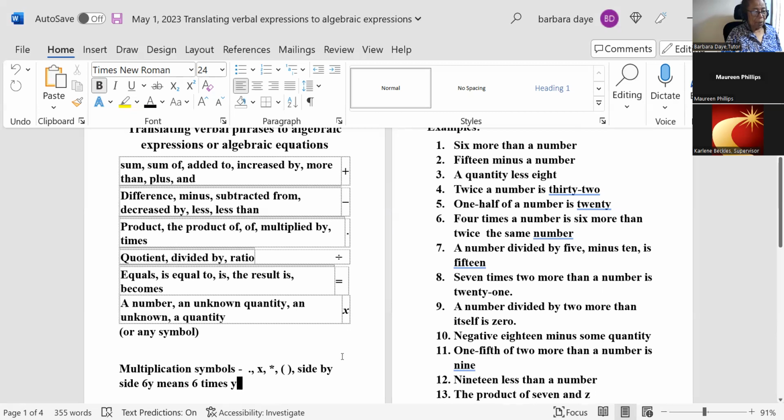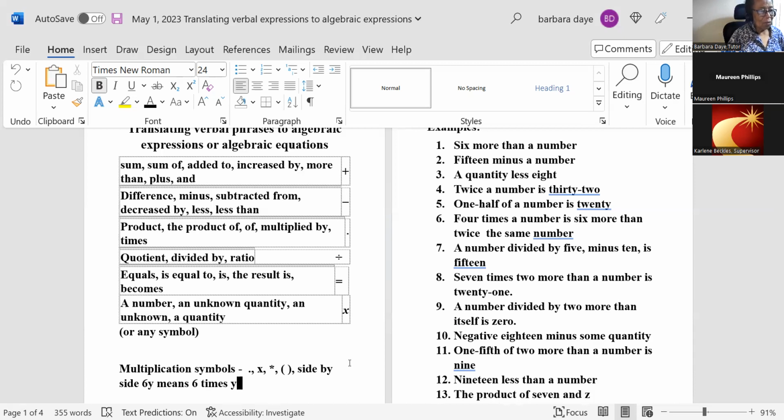Not side by side, because 6 and 5 would be 65. You can use side by side when you have a variable and a number, but not with numbers because that changes the value. 6 times 6 is 36, not 66. You'd have to put parentheses around each one.